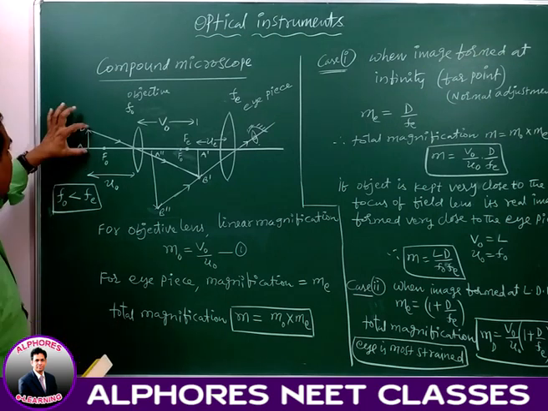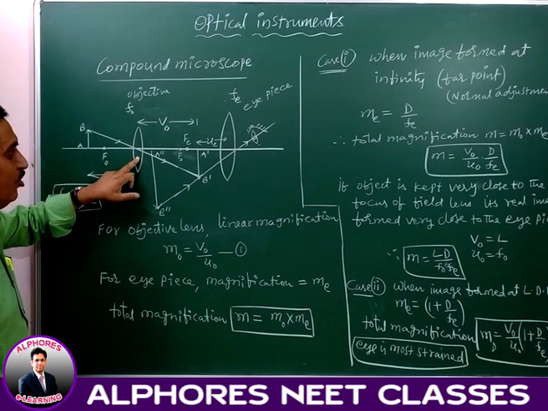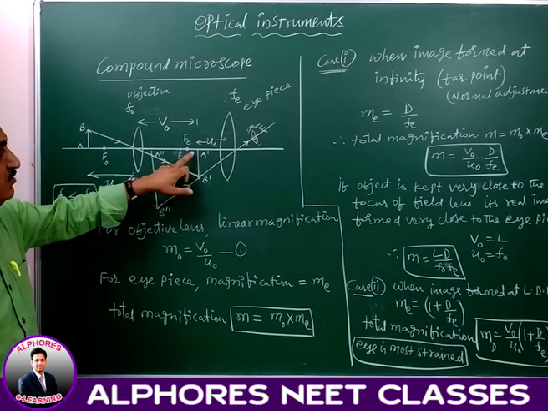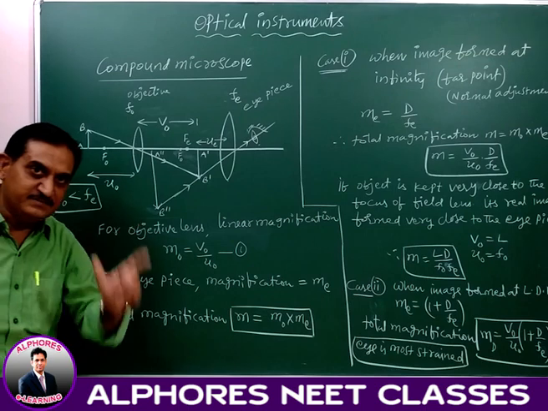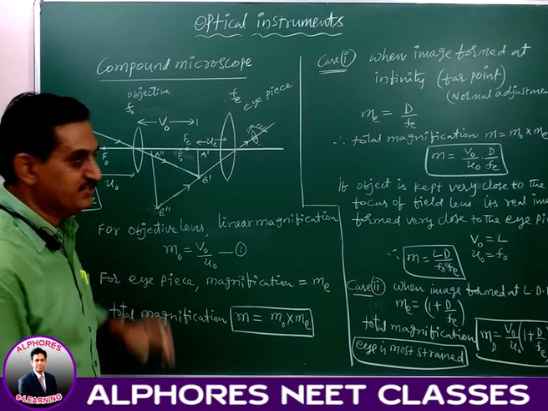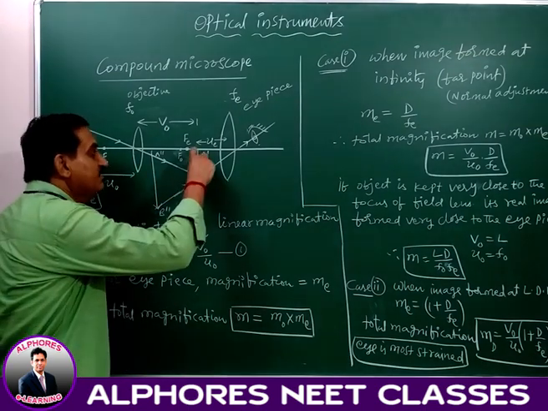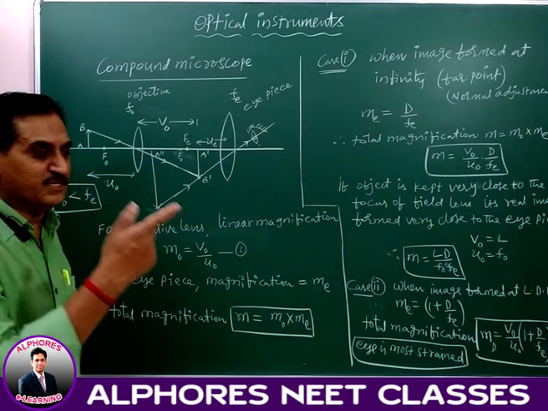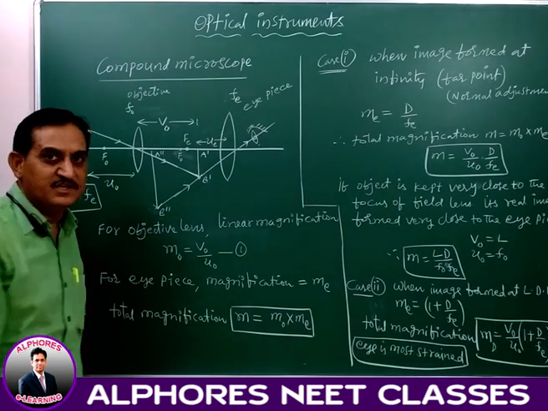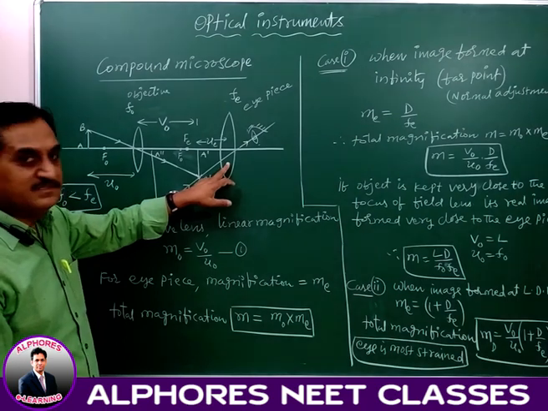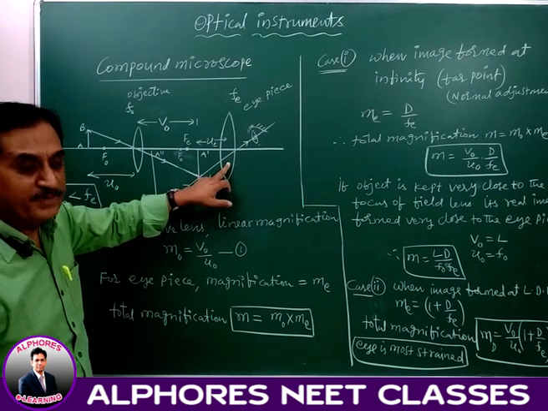Now this object is a real object, and its image is given by the objective lens. That image is a somewhat magnified, real image A'B'. This image just helps the second lens, that is the eyepiece. Here the eyepiece acts as a simple microscope again.